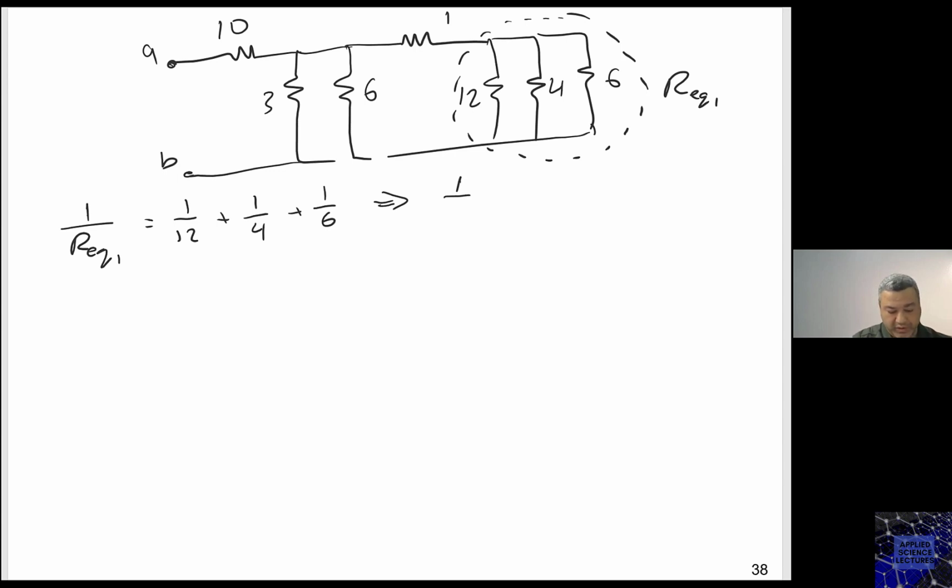So 1 over R equivalent 1 is 0.5, and then R equivalent 1 becomes 2 ohm.